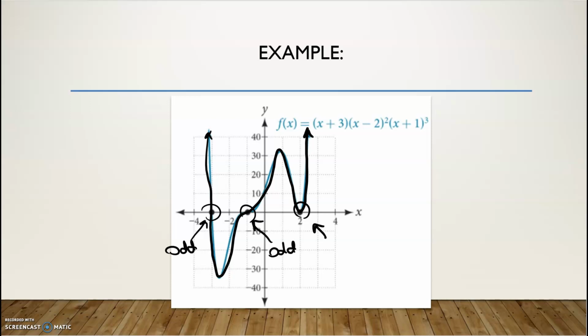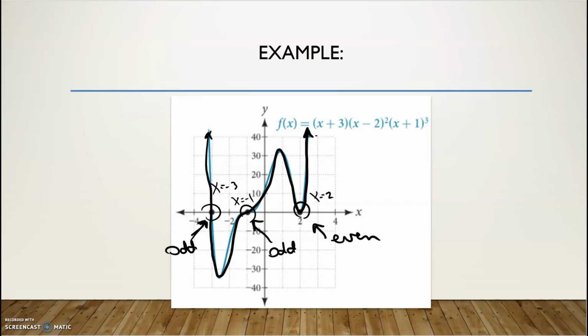This one right here touches and bounces off, so this looks like an even multiplicity. Now let's look at where these roots are occurring. At this point right here, this one looks like it is negative 3. So the x-intercept is negative 3, so x equals negative 3. This one right here, x is equal to negative 1. And right here, x is equal to 2.